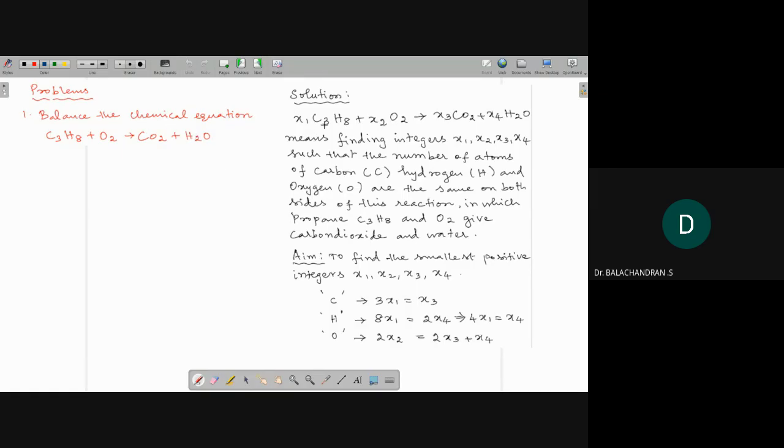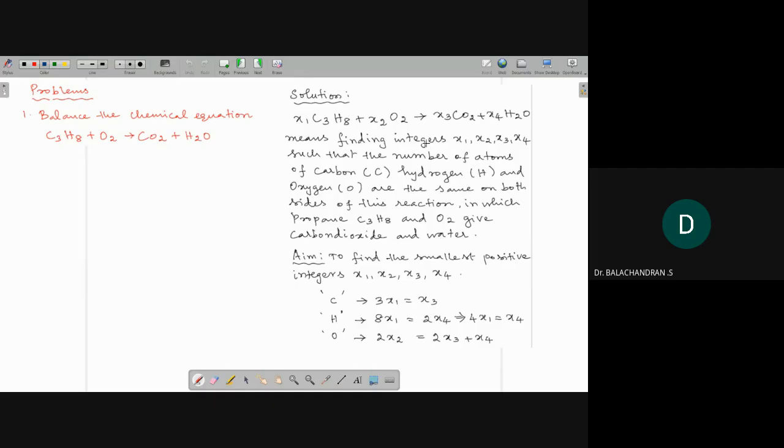Okay, so now I'll start the solution. You should multiply C3H8 by X1. So X1 times C3H8 plus X2 times O2 gives X3 times CO2 plus X4 times H2O.